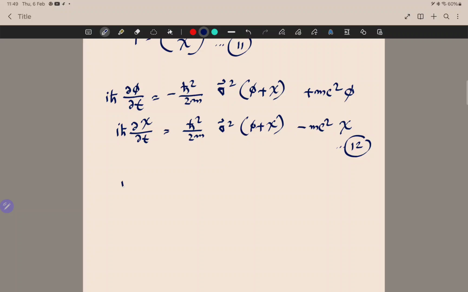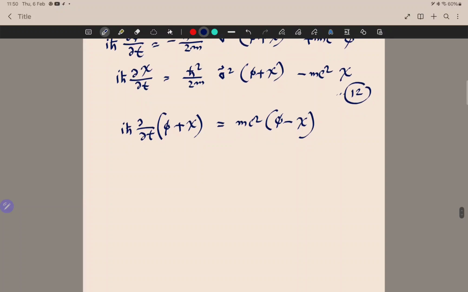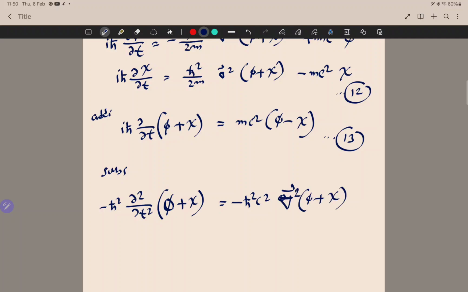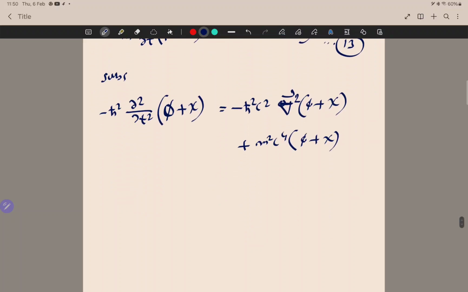Adding these two equations, we get iħ ∂/∂t (φ plus χ) equal to mc² (φ minus χ). Add and subtract, and we can get minus ħ² ∂²/∂t² (φ plus χ) equal to minus ħ² c² Laplacian (φ plus χ) plus m² c⁴ (φ plus χ), which is the Klein-Gordon equation upon identifying ψ equal to φ plus χ.